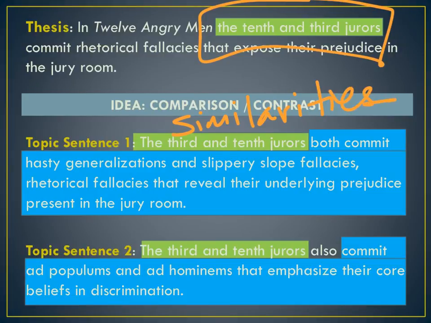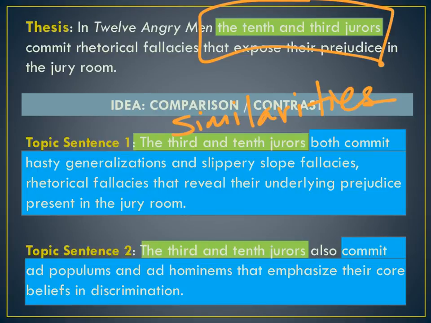The first similarity is that both commit generalizations and slippery slope fallacies, and that we see as the corresponding prejudice comes to light. Another similarity is that they both use ad populums and ad hominems, and thus we see this discrimination emphasized. Pretty effective organizational choice here.